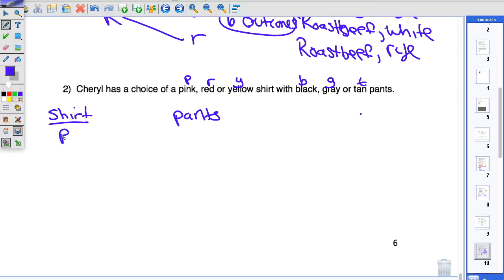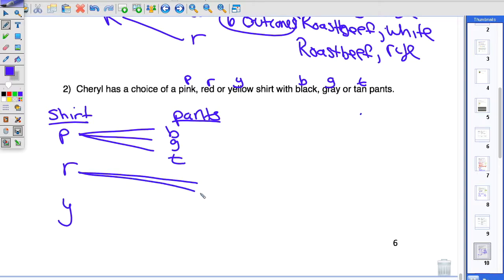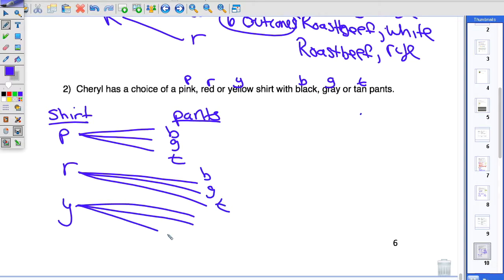We have a pink shirt, a red shirt, and a yellow shirt. We branch off our types of pants. We have 3 different types of pants: black, gray, and tan. Black, gray, tan. Black, gray, tan.